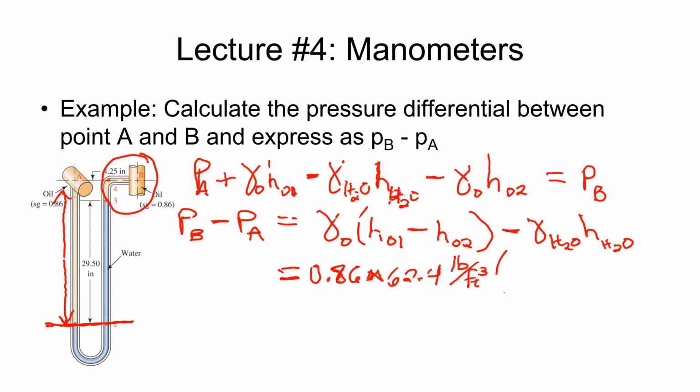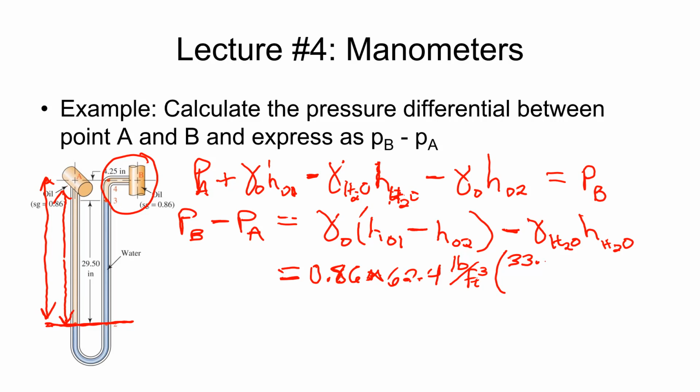And then times, in this oil, I'm going to have 33.75 inches on one side. I've got the 29.5 plus that 4.25 up above to get that full height along this side, all the way up to my center line through A.